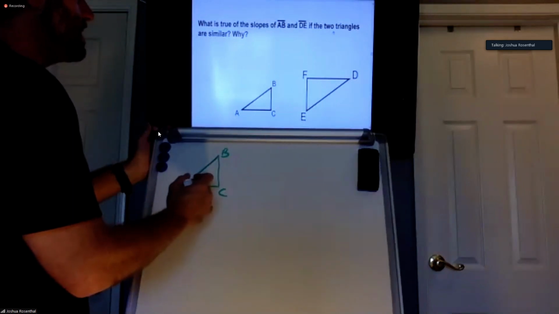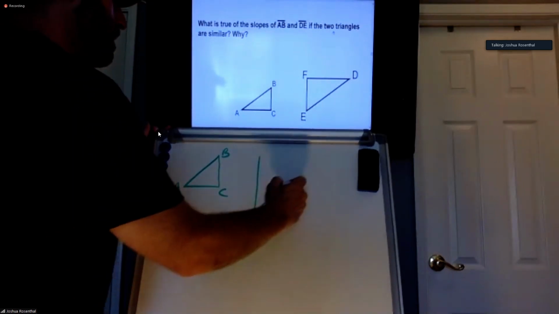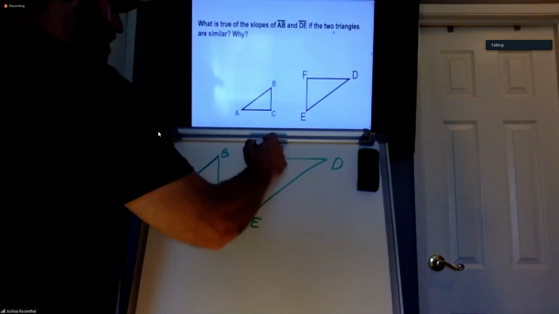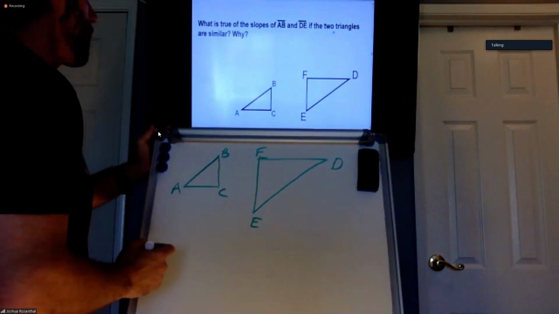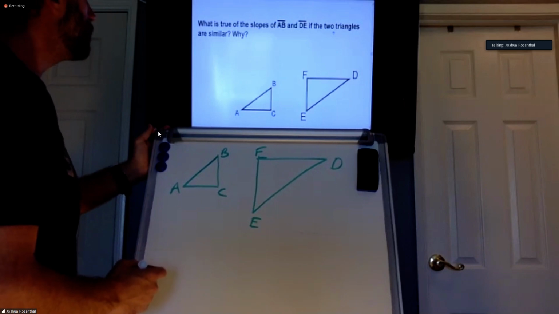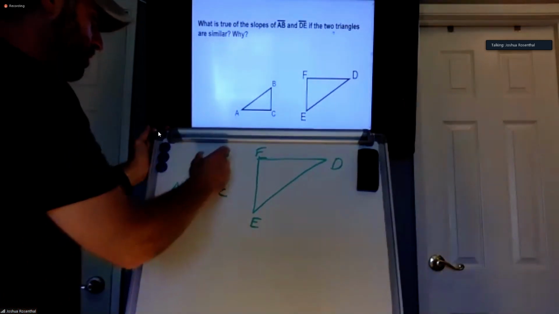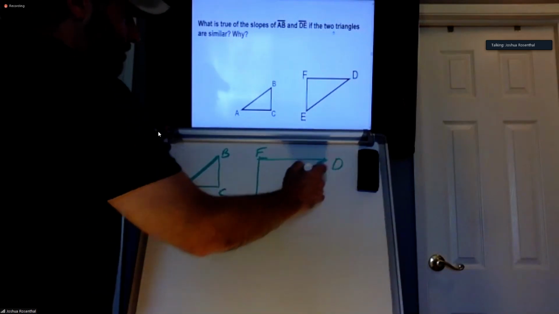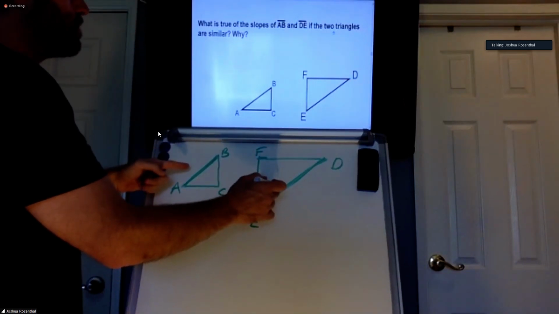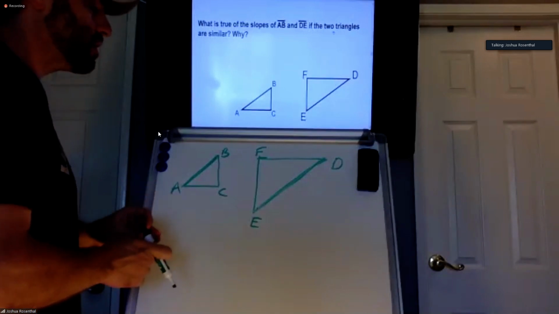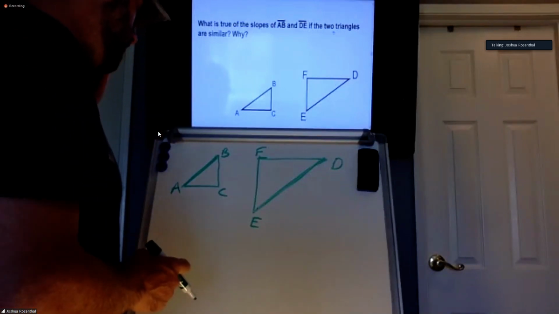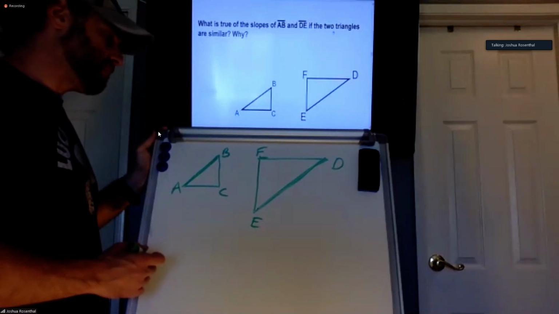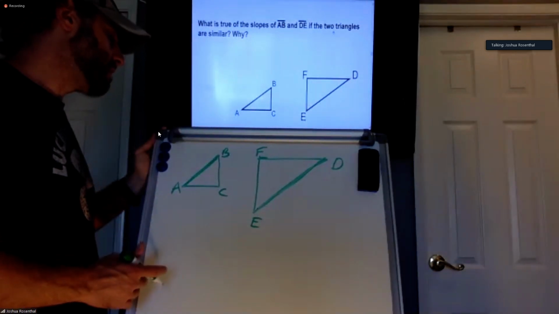The angles are congruent, that's an interesting way to say it. Okay, AB, what is true of the slopes? There's a slope of that segment, and DE, there's a slope here. What is true of the slopes of those if the two triangles are similar? You're saying the triangles are similar, so what angle is congruent to what other angle?